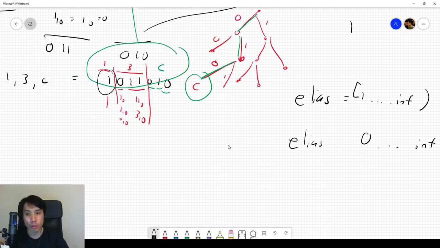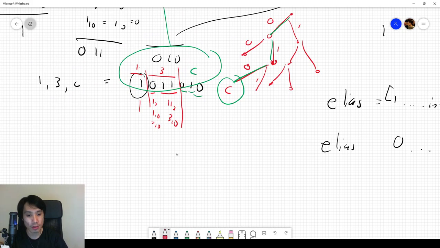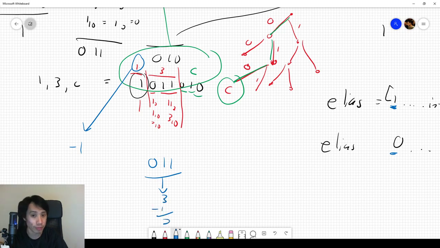So what is going to happen here is, when I receive 1, I will minus 1. Because if my Elias has a minimum of 1 and I want the new minimum to be 0, I will always minus 1. So here, 0, 1, 1, which used to give me the answer 3, if I minus 1, it will give me 2.